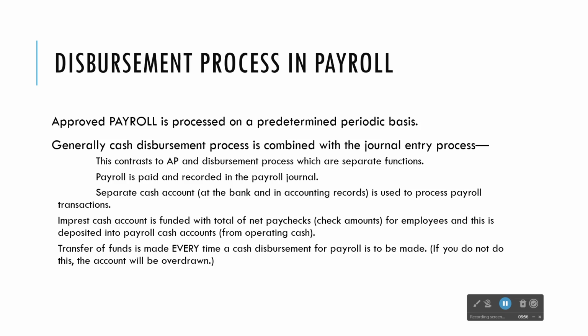The only money that you're putting into that account consists of the total amount of the net pay for the payroll for that period of time. You have to remember to put the money in there. That's very important. But it only has that amount in it. So you have to remember to transfer funds every time a cash disbursement out of payroll is going to be made.